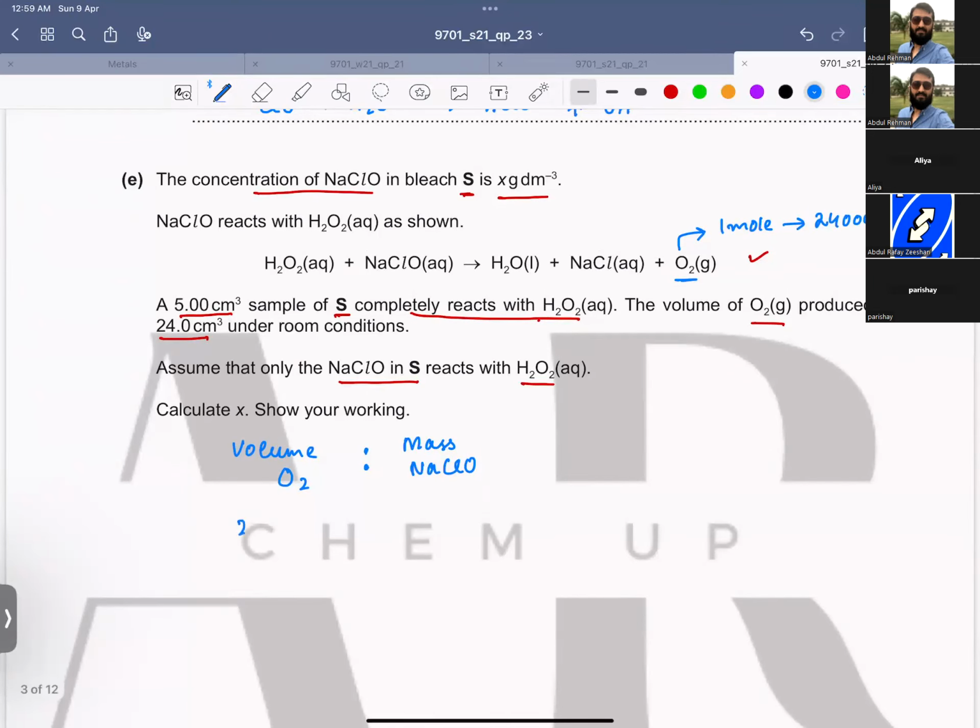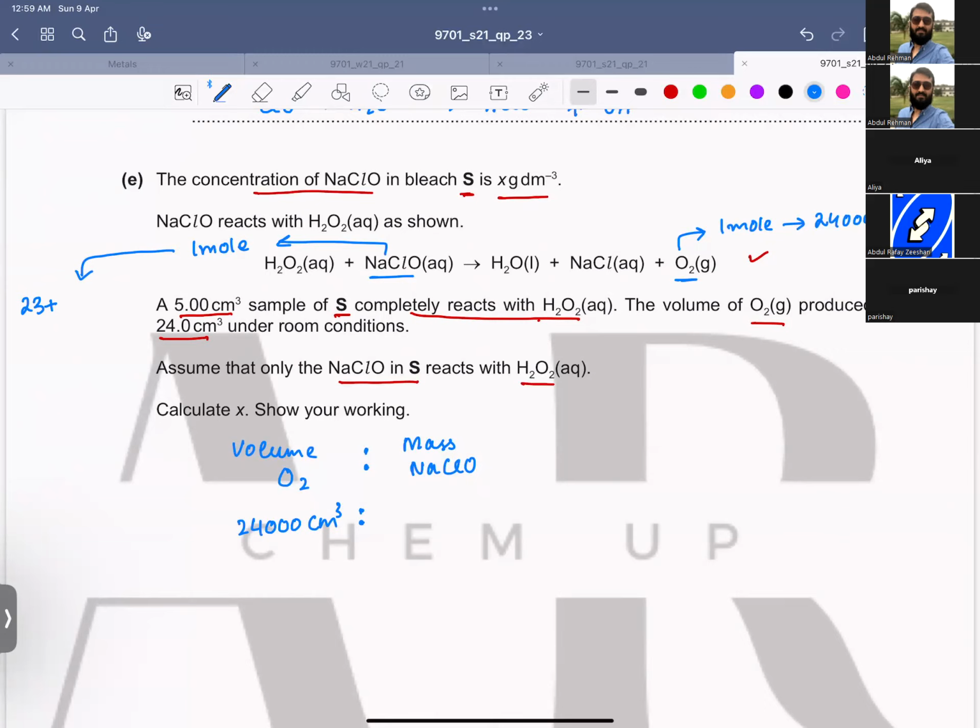So while making the ratio, the first information that I have taken from the equation is telling me that 24,000 centimeter cube of oxygen is formed from 1 mole of NaClO, and 1 mole of NaClO has a mass equal to its MR. To find the MR of NaClO, we add up the AR of the elements present.